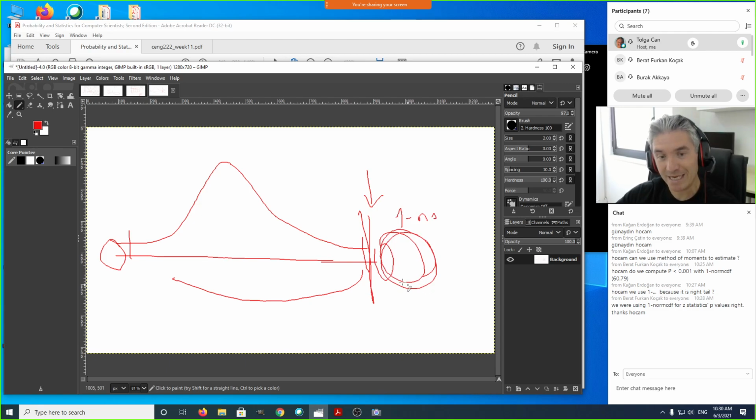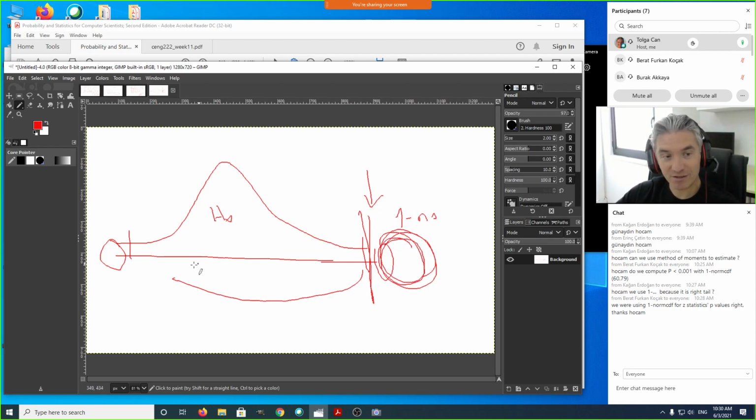So how likely is it that a random value from the null distribution gets a statistic more extreme than what we have obtained? Remember, this normal distribution is always showing the null distribution. That's the area under the curve here.